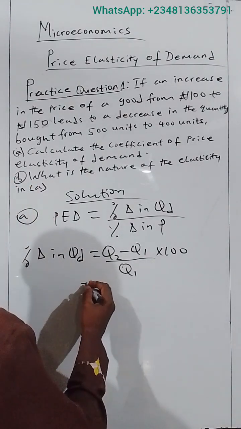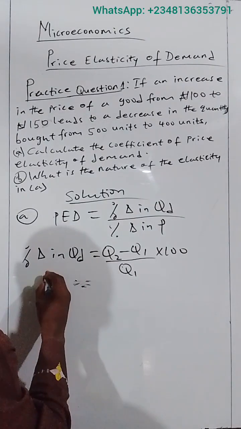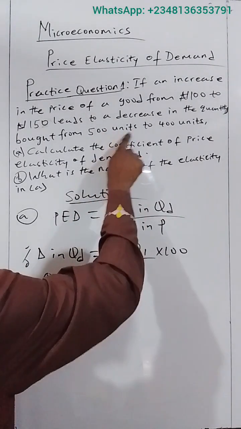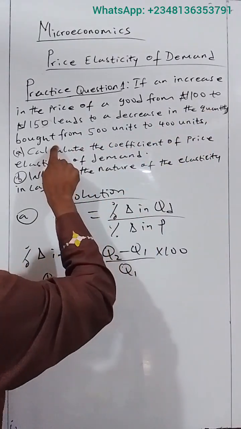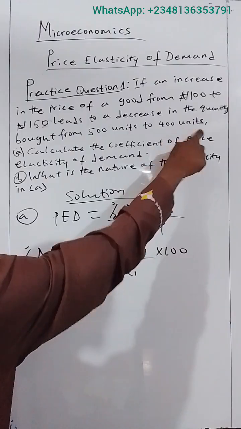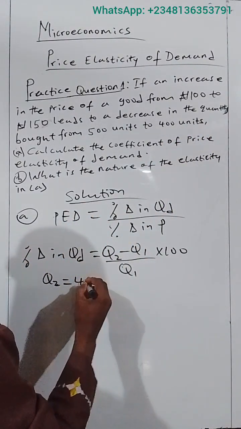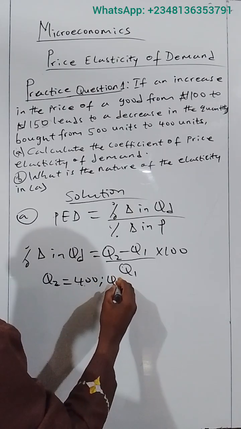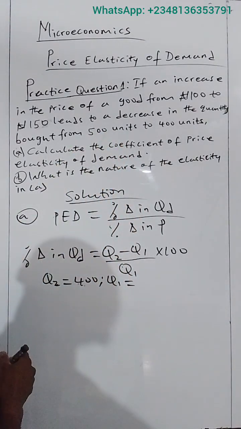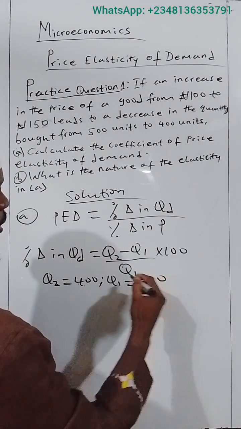Now what is our Q2 here? The quantity bought decreases from 500 units to 400 units, so the new quantity demanded is 400, and the old one, the initial one before it decreased, is 500.